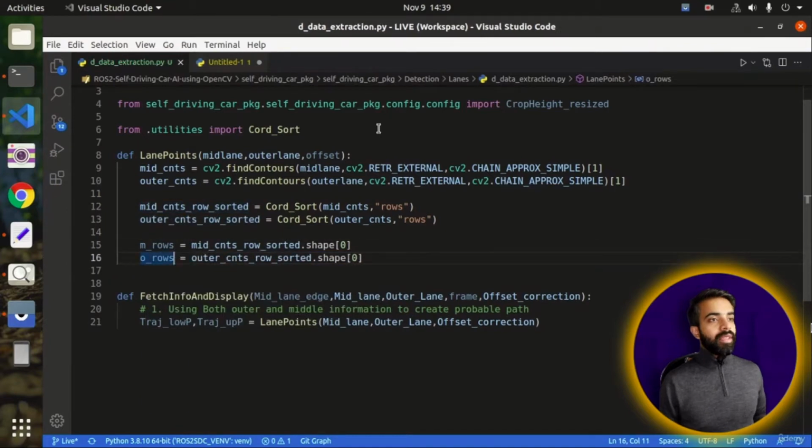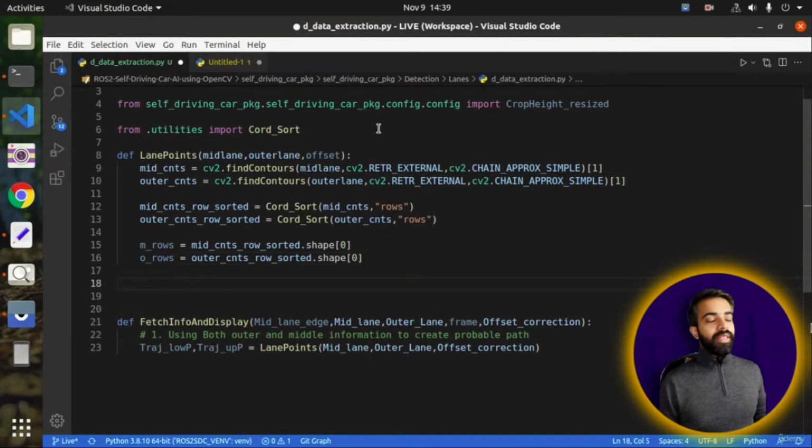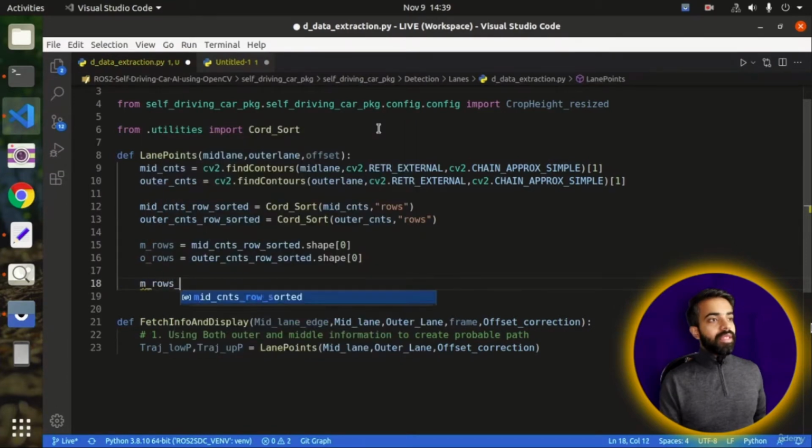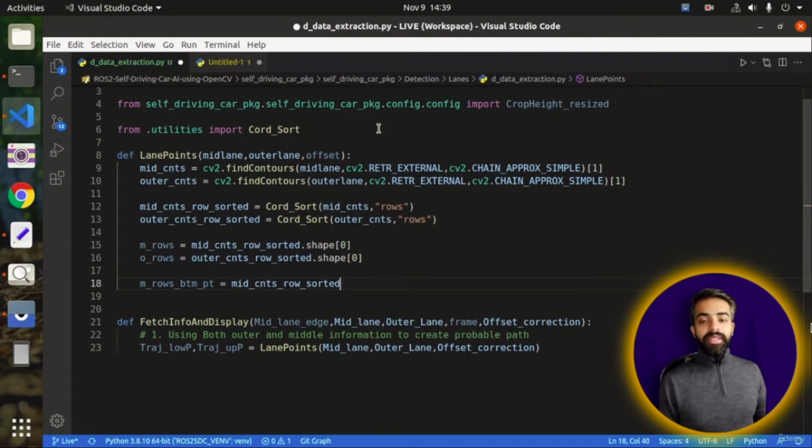Once we know the maximum number of contours present in that particular vector, the next thing that's left for us to do is to simply extract the corresponding top and the bottom points of our mid and outer lane. Now let's start with the bottom points. So we write m rows bottom point. So let's save it by simply extracting from the mid contours row sorted. Now the bottom point is simply the last point that is present in that particular vector.